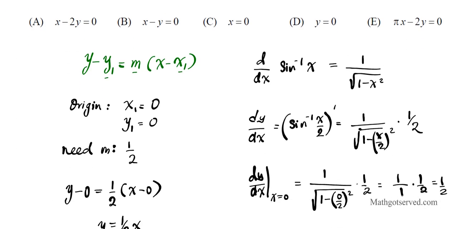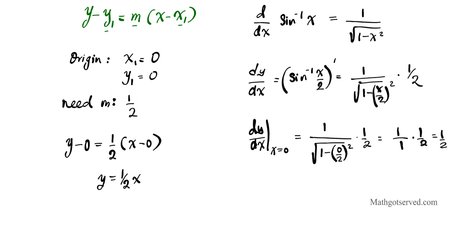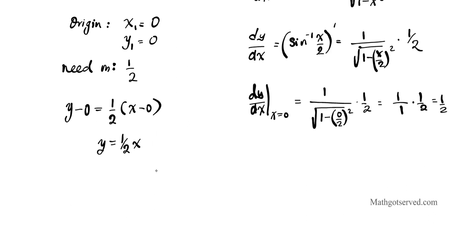Now, the answer choices are in standard form, so let's put this in standard form. The coefficients of each variable have to be integers, and we have a fraction here. To resolve that, we multiply both sides by 2, and then we have 2y equals x.